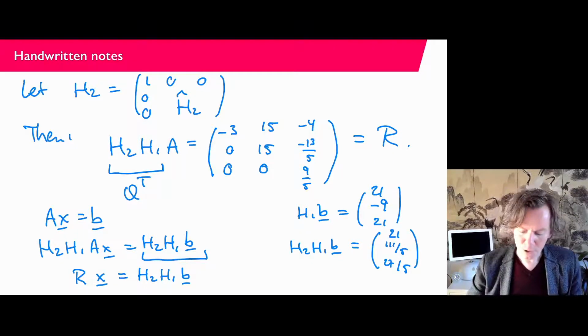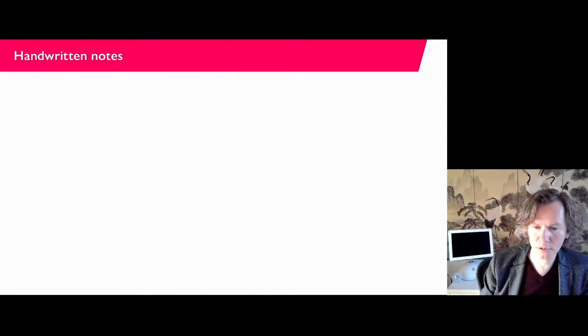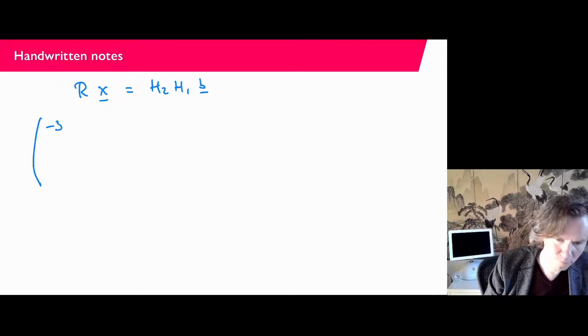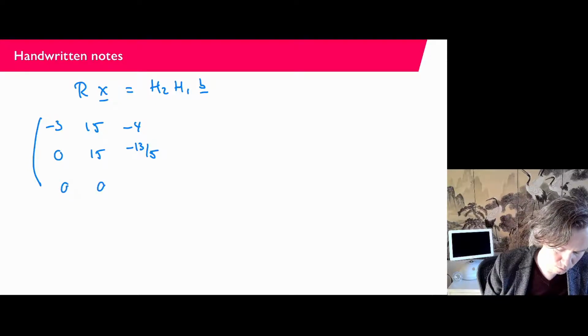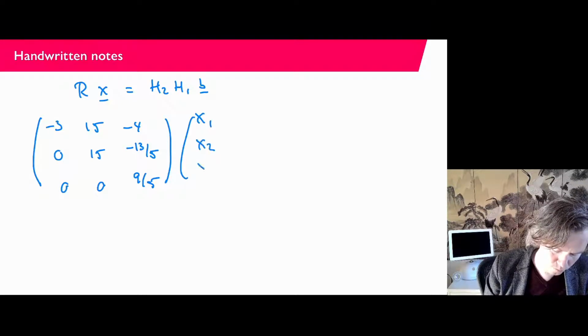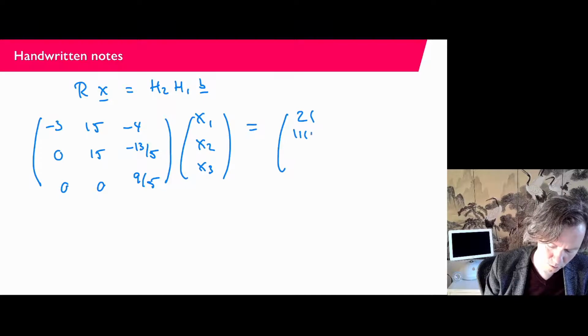So then the last bit that we need to do, and that's going to be the last bit of this example too, is that we have now to solve R times X equals H2 H1 B. The R matrix, the upper triangular one, is minus 3, 15 minus 4, 0, 15 minus 13 over 5, 0, 0, 9 over 5, times x1, x2, x3, that's the solution of the linear system we're looking for, 21, 111 over 5, 27 over 5.